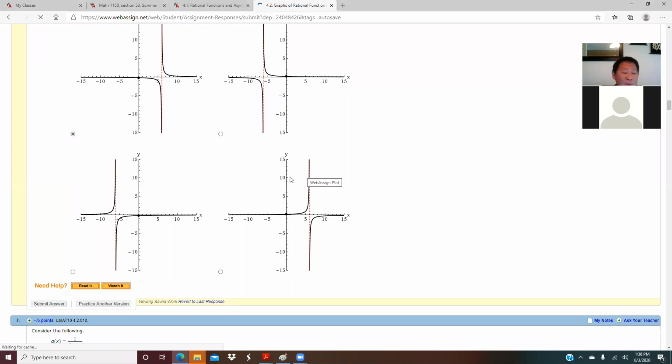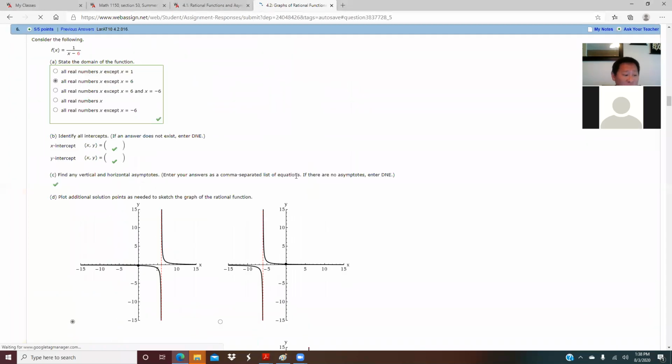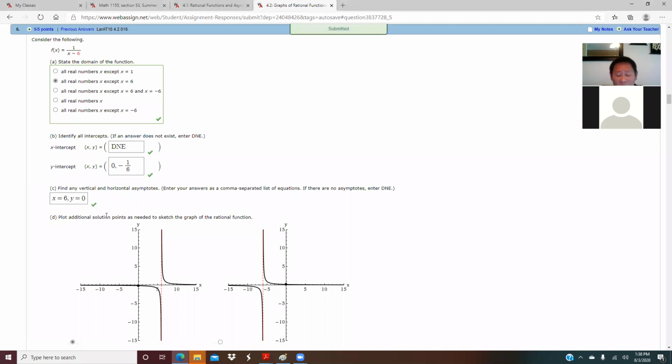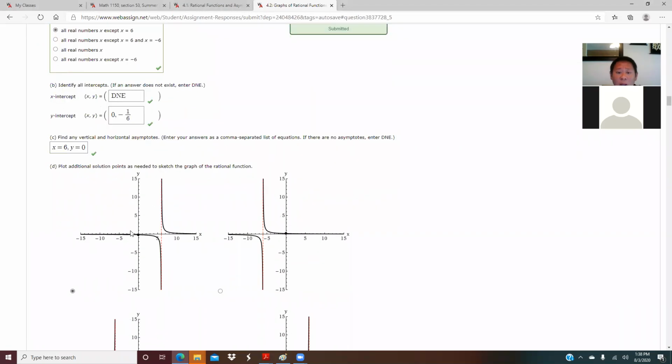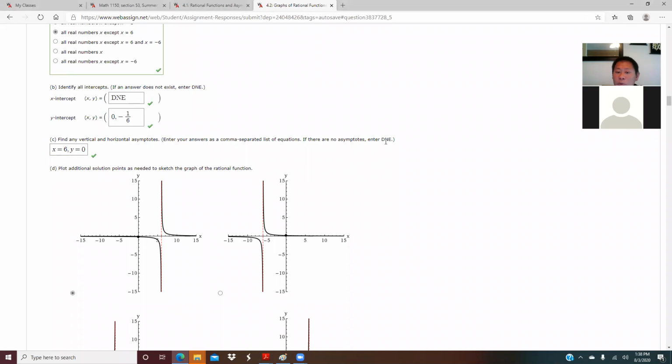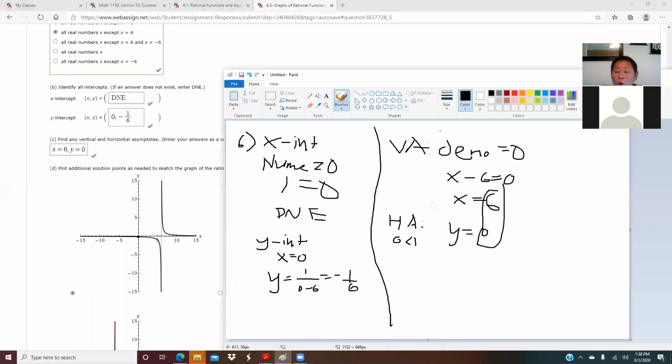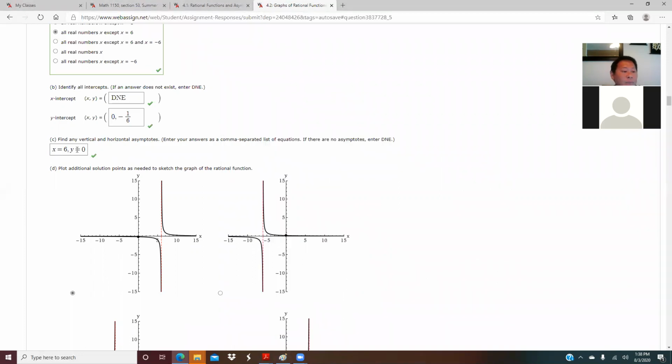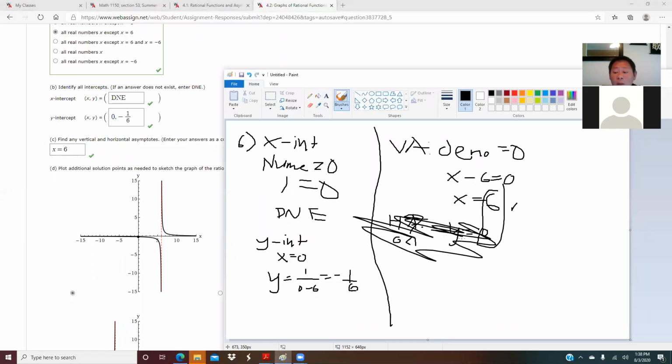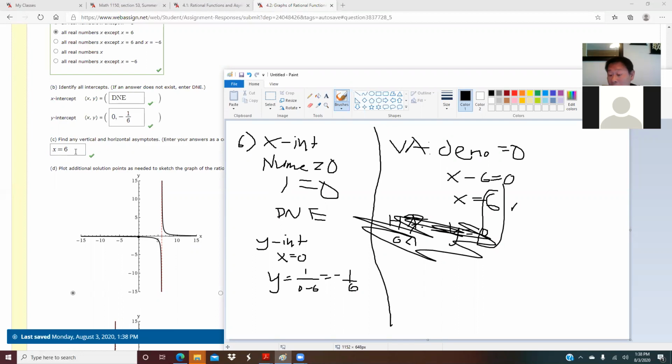Again, class, make sure you put x equals and y equals for your vertical and your horizontal asymptotes. And if there are no asymptotes, you put DNE. Let's say you don't have a horizontal asymptote, you only have a vertical asymptote, then you just put x equals 6.